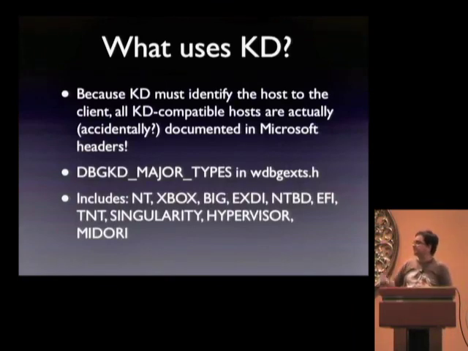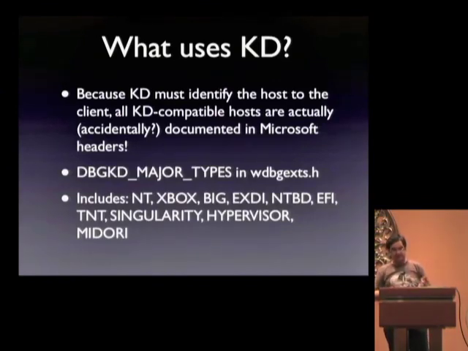Something called Big, which after reading a Mary Jo Foley blog, I realized was Microsoft Project Big Top, some abandoned cluster thing. EXDI is a hardware debug interface, so they can actually connect to hardware debuggers.